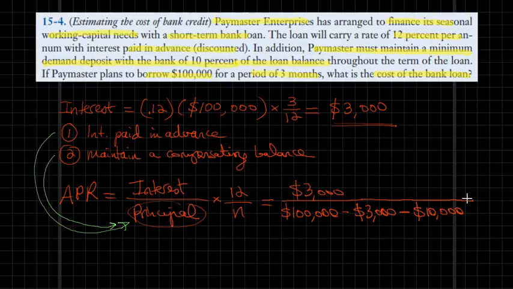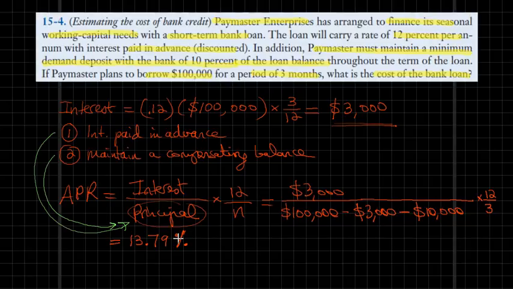That would be the case. And finally we multiply everything by 12 over 3. Making the calculation, we figure that the APR comes out as 13.79%.